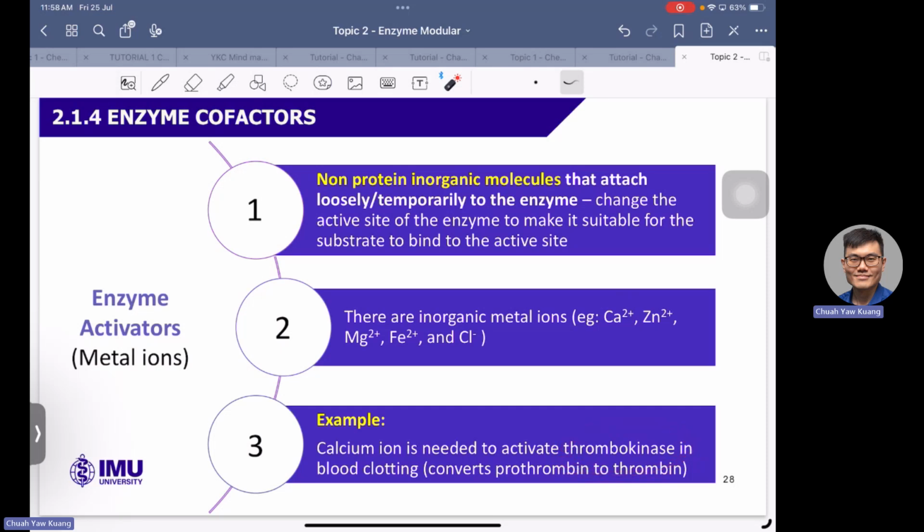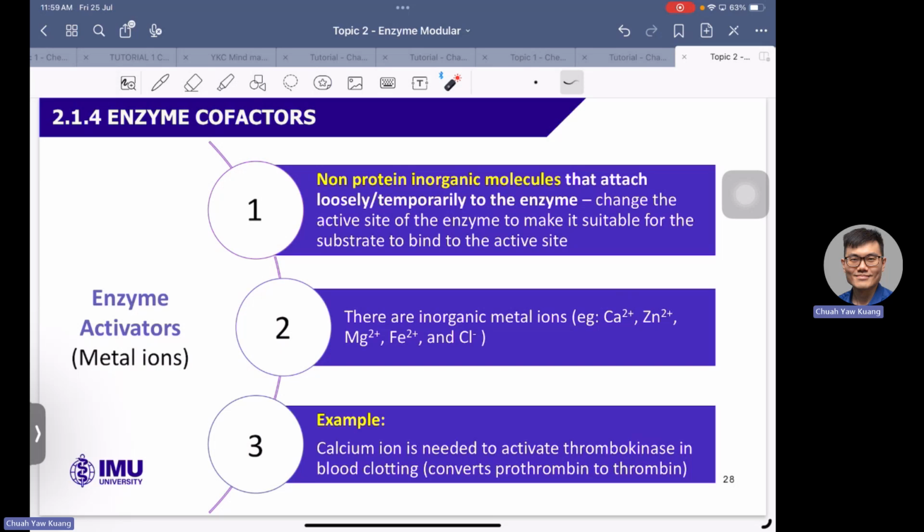The example given here is thrombokinase. Thrombokinase is the enzyme in your blood that needs calcium ions as its cofactor.